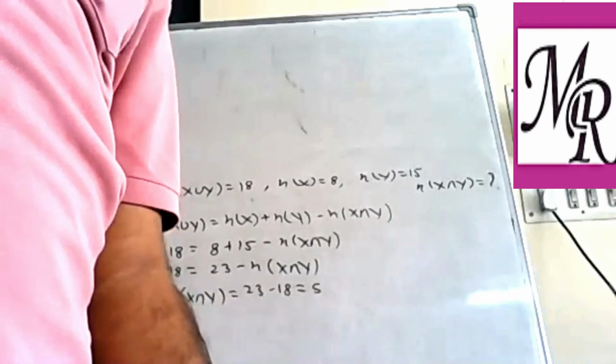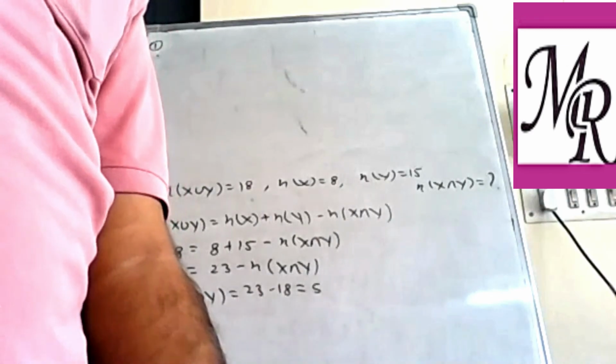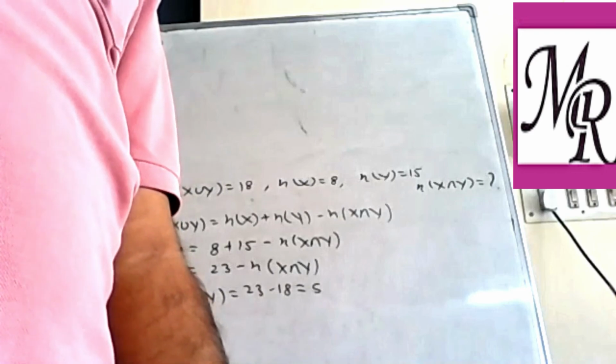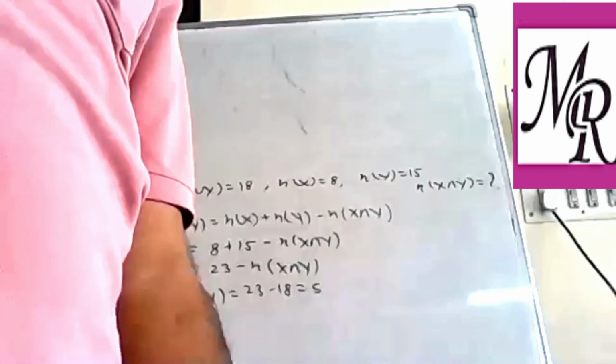Question number third says in a group of 400 students, 250 can speak Hindi and 200 can speak English.